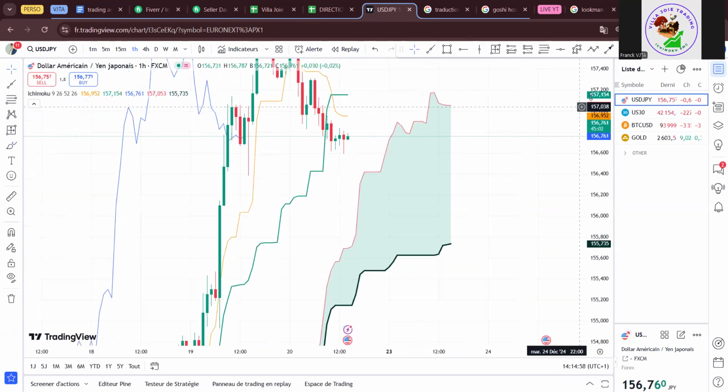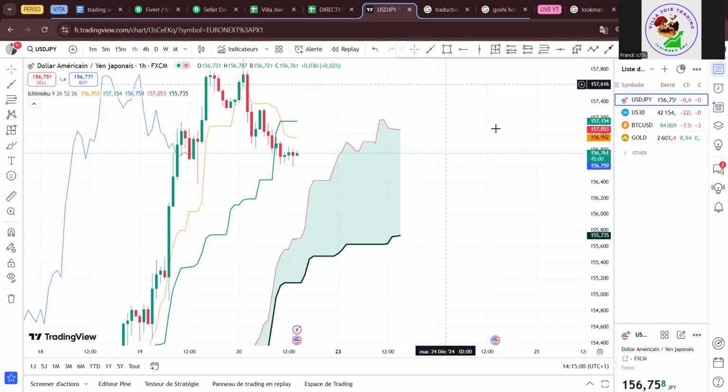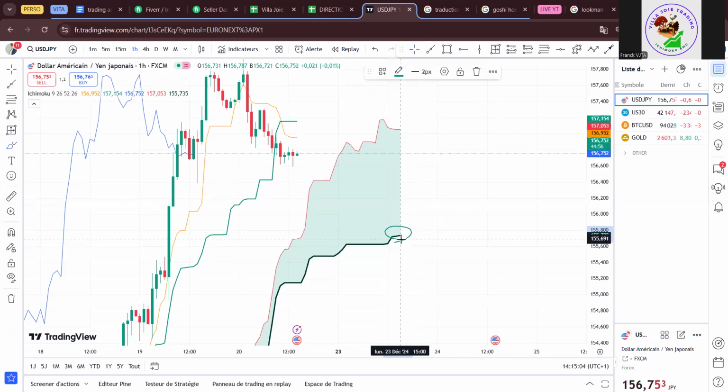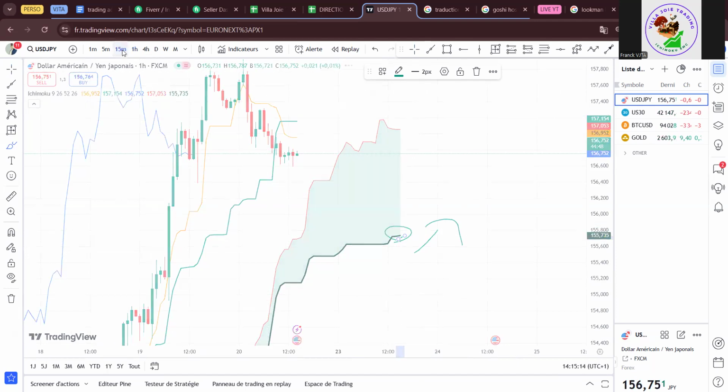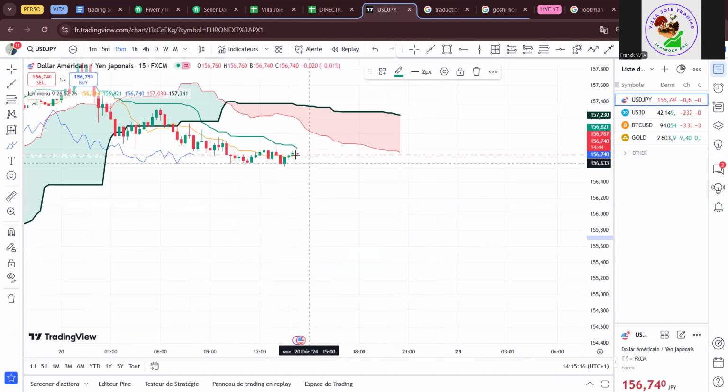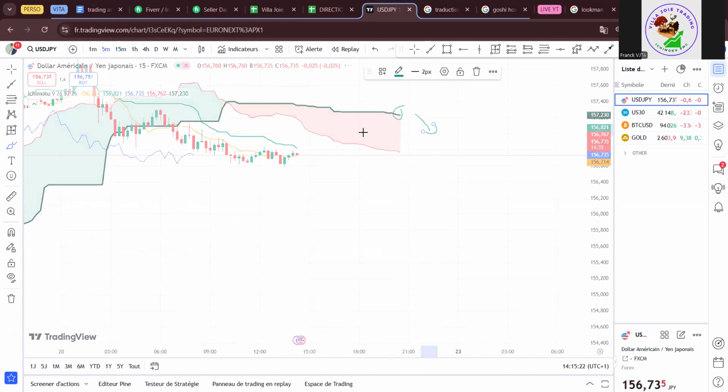Now let us start with the trend in 1 hour. In 1 hour, the trend is to the upside, right? We have an uptrend, because SSB is inclined to the upside. And then in 15 minutes we have a downtrend, right? SSB is inclined to the downside.